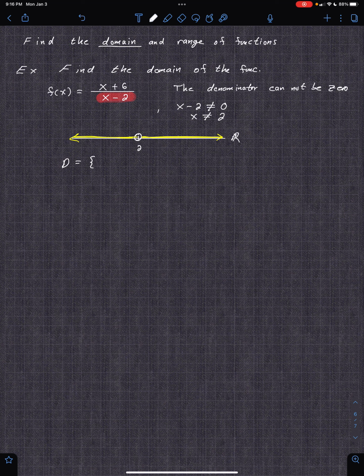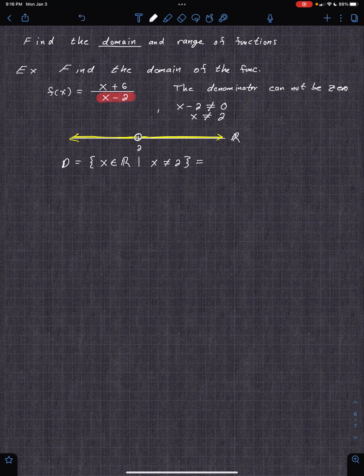This is what we did in the beginning of the class, in the first video. It's x such that, so one way to say it is: x in the reals, such that x cannot be 2. That's the simple way of using set builder.